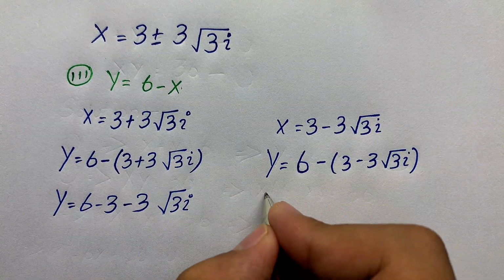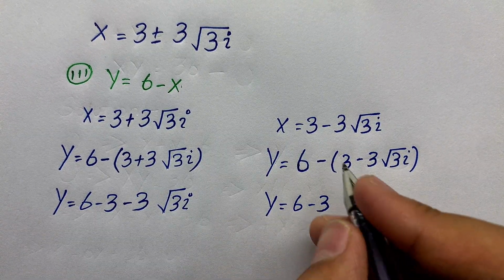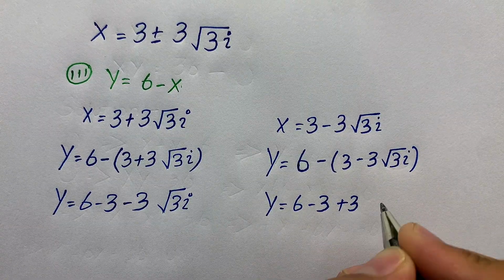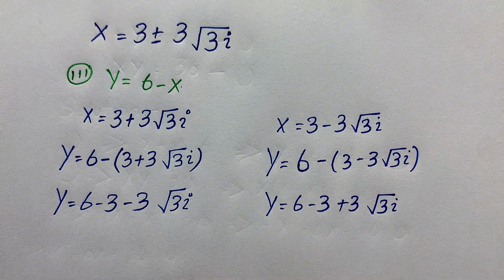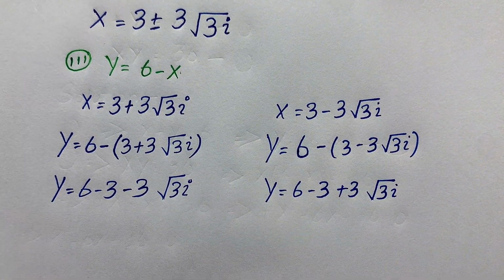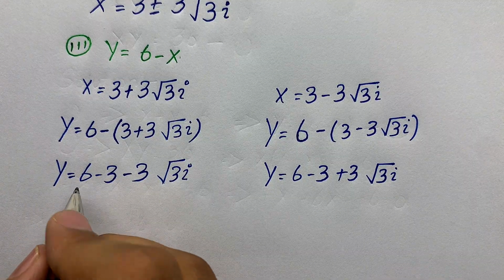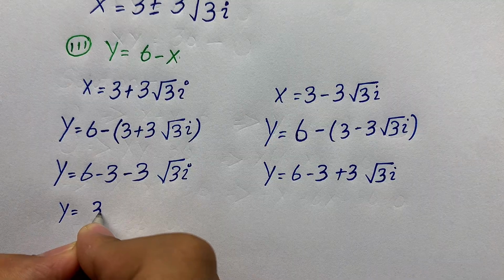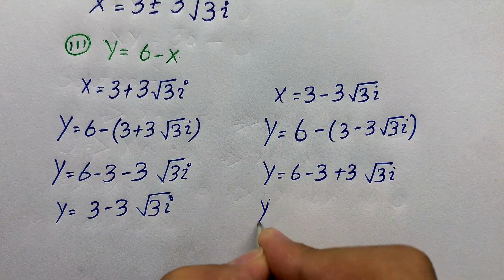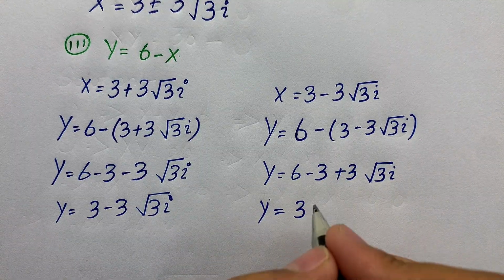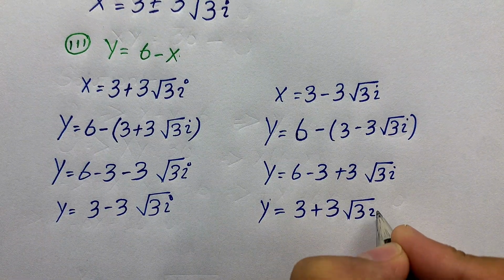In the next step, 6 minus 3 is 3. So y is equal to 3 minus 3 into square root of 3 iota, and y is equal to 3 plus 3 into square root of 3 iota.